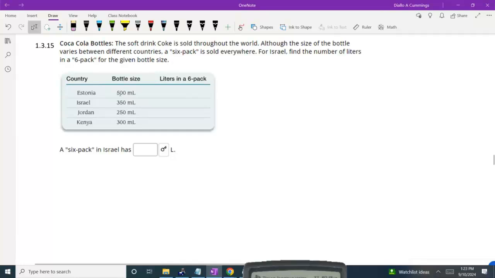Now what they actually give you on the chart is one bottle size. So what you must do is multiply that one bottle size times 6, right?